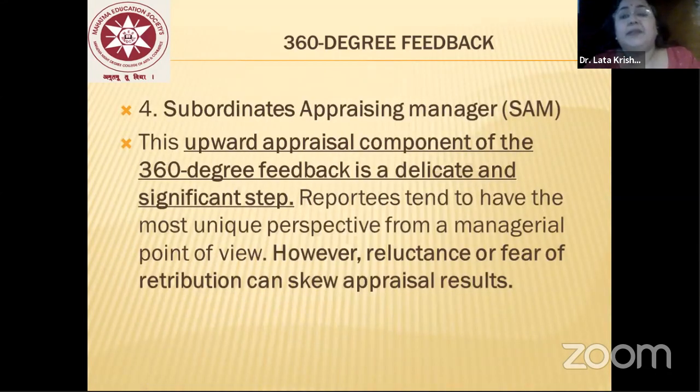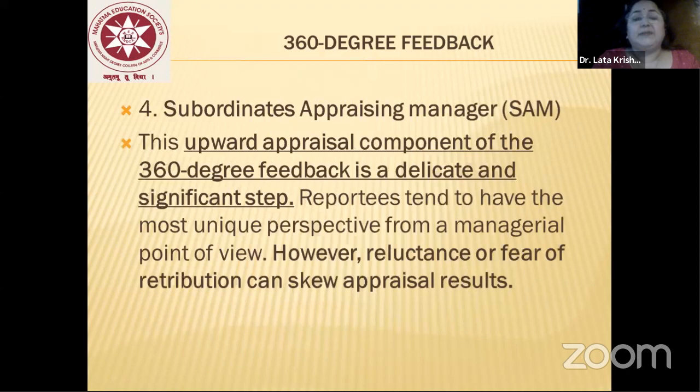Subordinates appraising the manager. Very, very delicate, because this is the first type of feedback mechanism or performance appraisal method where an employee is given feedback from his subordinates. This is quite dangerous, because many times the subordinates may not give negative feedback, and it becomes very delicate.